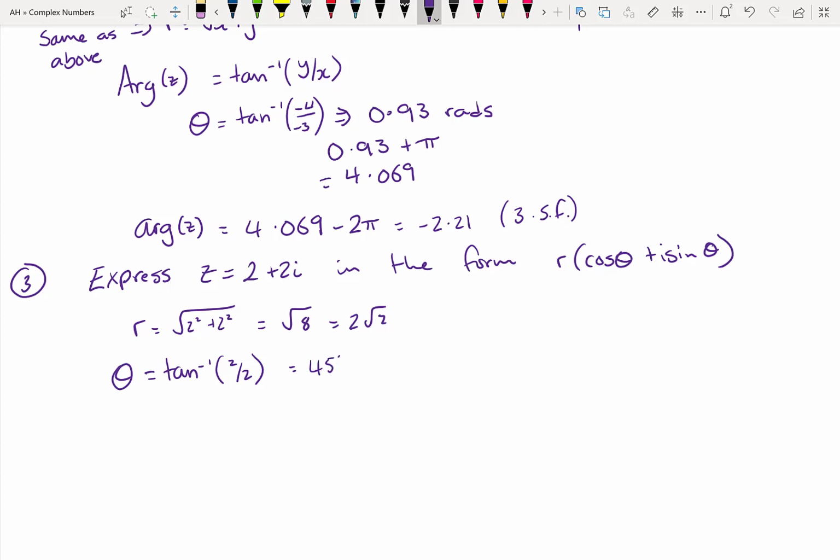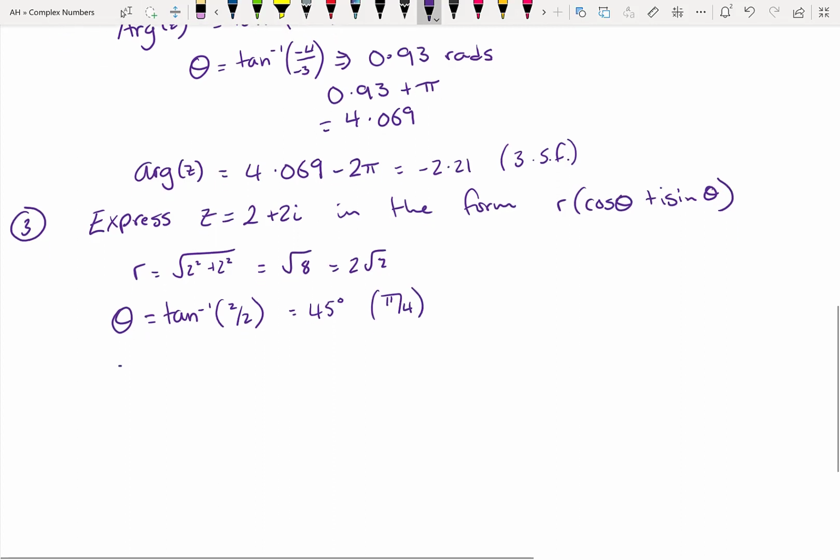Well, it happens at 45 degrees, pi over 4, if you're that way inclined, and so that means z, my complex number, is 2 root 2, that's the cos of 45 plus i sine 45.